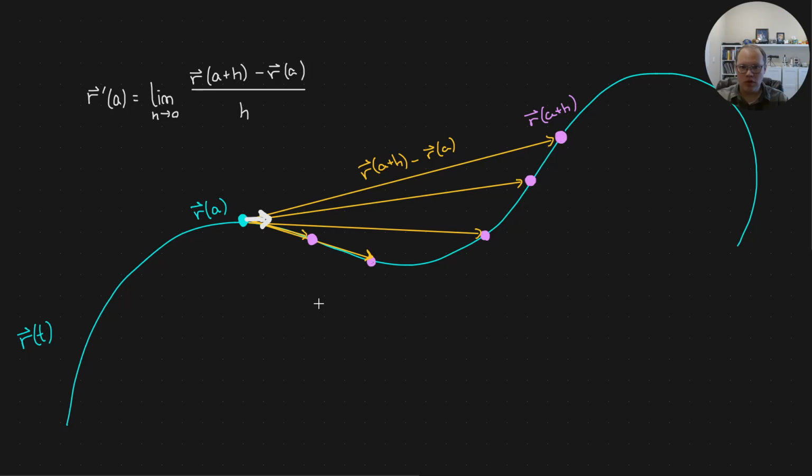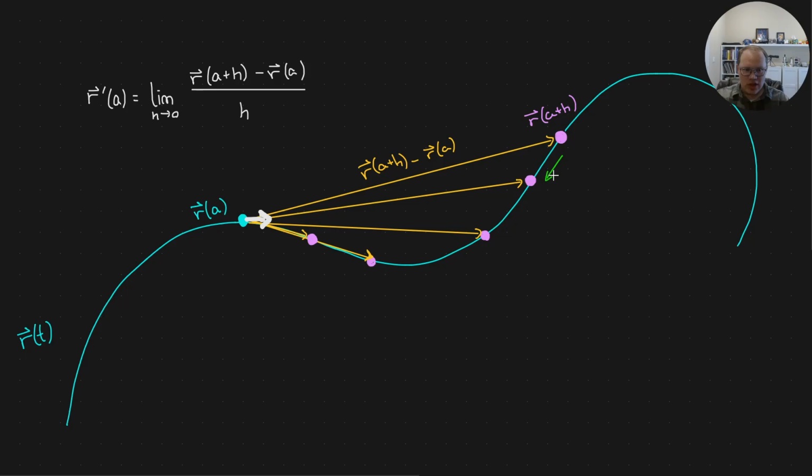Okay, that's what we're looking for, a vector tangent to the curve. What does that say about h then? We've talked about the numerator. What's the denominator here doing? The denominator is kind of normalizing things. For big h, we expect the vector here to be kind of big.